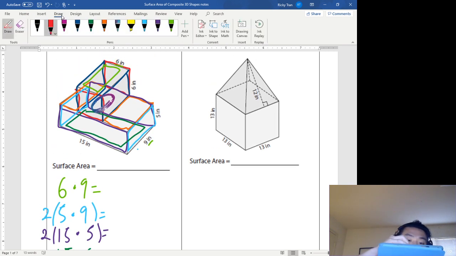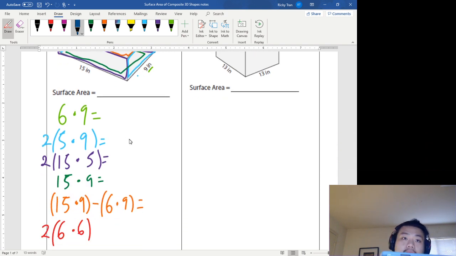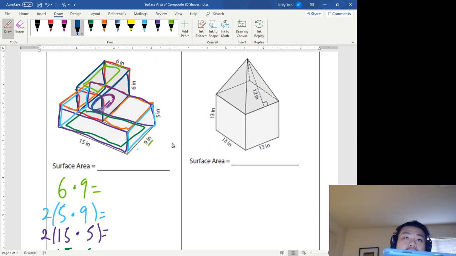Dark blue is going to be 6 times 9. Oh, actually, I just realized the dark blue and the light green are the same, which means I'm just going to take this and multiply it by 3.